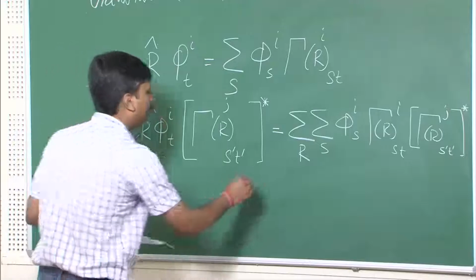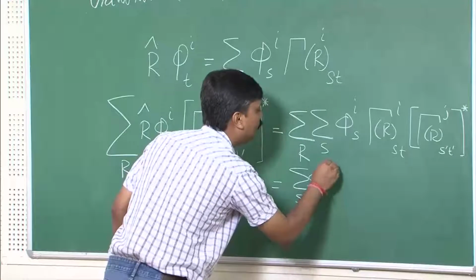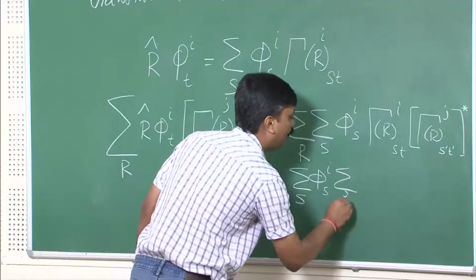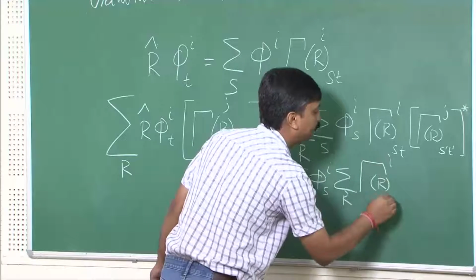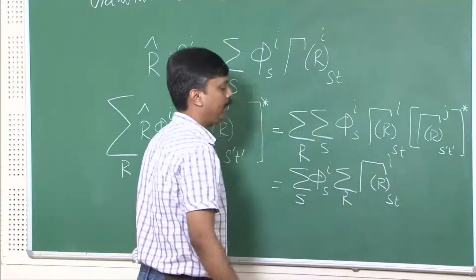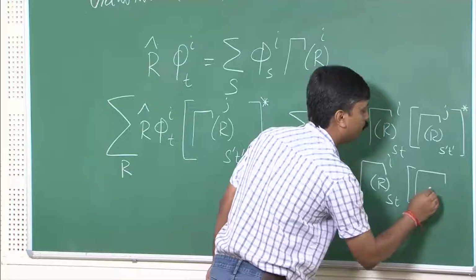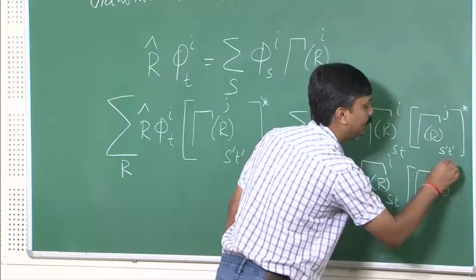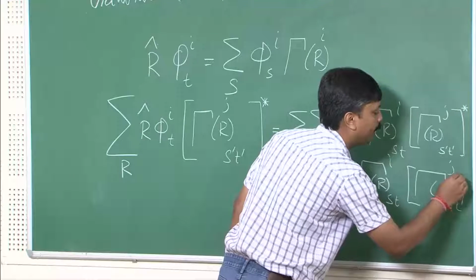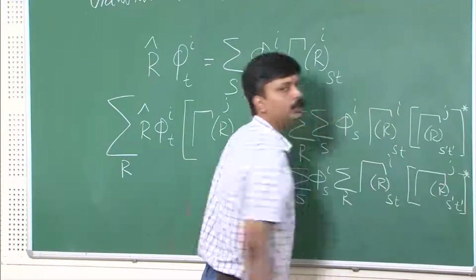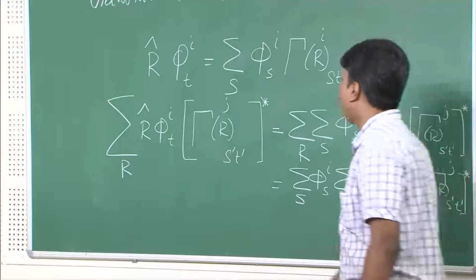What I can do is rewrite this as summation over s phi s^i and then summation over R of gamma of R for the ith irreducible representation and element st, multiplied by gamma of R for the jth irreducible representation having element s prime t prime, and take the complex conjugate of this one. This we can very easily do, right?